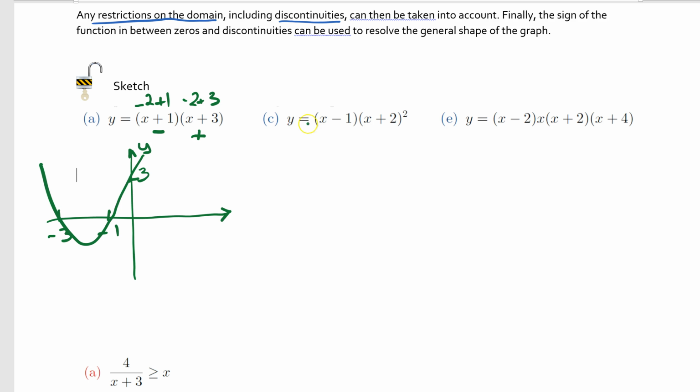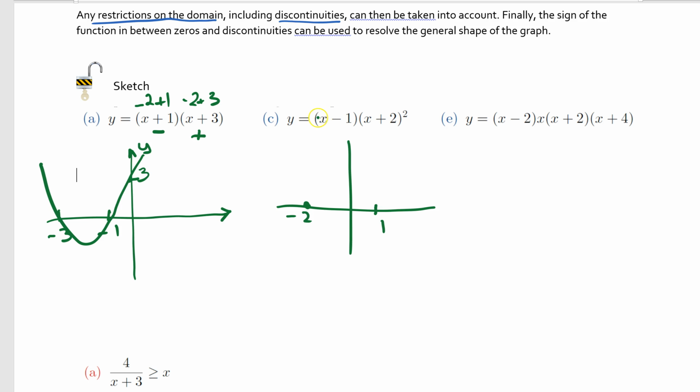For our next graph, we've got a cubic, because x cubed is the highest power. We know it's going to cut through the x-axis where x equals 1, and it will touch the axis at x equals -2. So we know something about the curve.